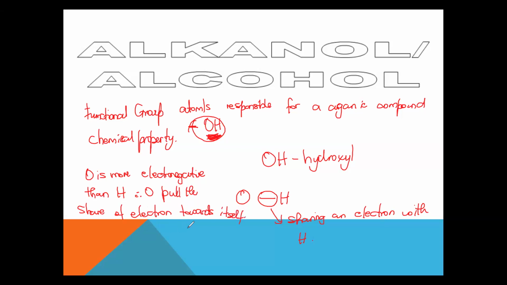When oxygen does that, it's almost as if oxygen had gained an electron. Now, we all know from ions, when elements gain an electron, what is their charge? Negative. They become negative. So this oxygen will have a slightly negative charge, and this hydrogen would lose the electron, so it would have a slightly positive charge. Are we clear?